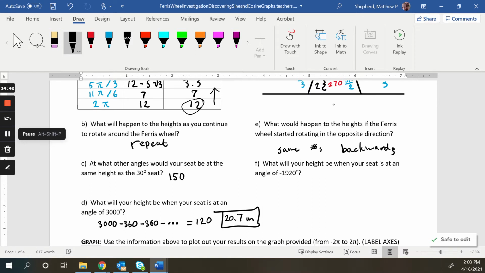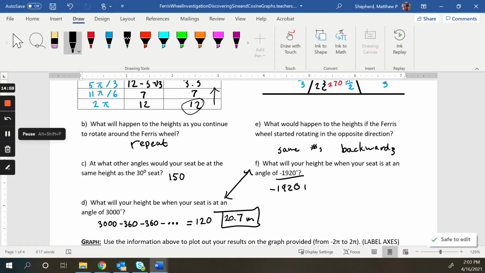All right. Now, this 1920, this is very similar to D. These two are very similar. This one is assuming that we did go backwards. We went backwards 1,920 degrees.